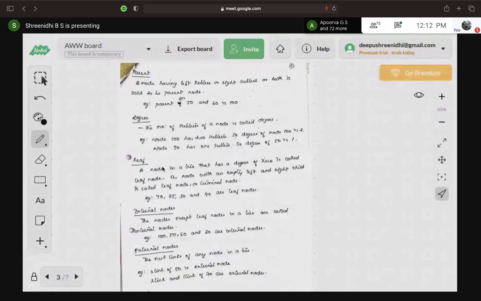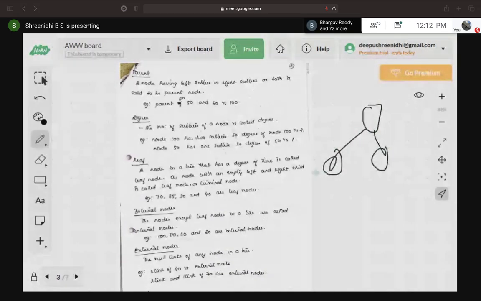The parent for 50 and 60 is, as in the previous example, 100. There is a lot of difference between a parent node and a root node, so be careful while writing.